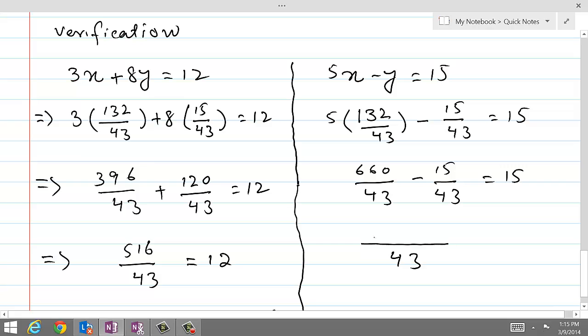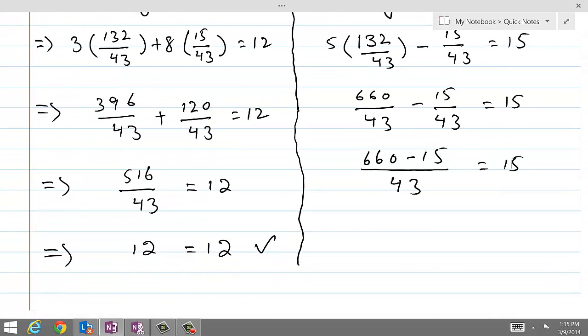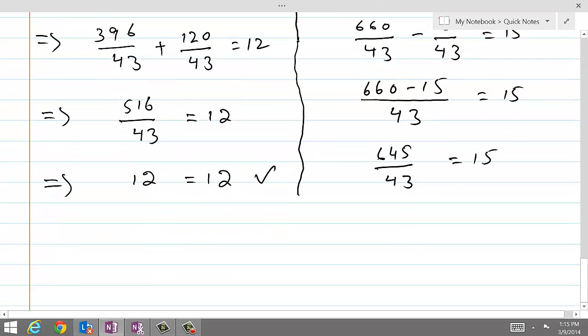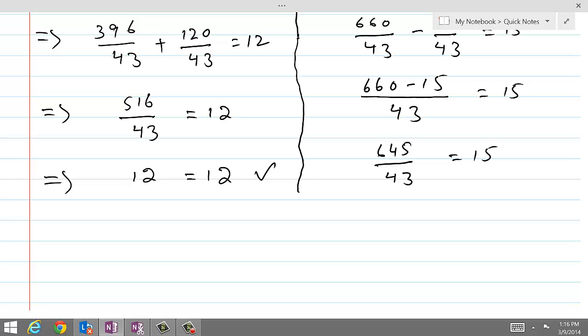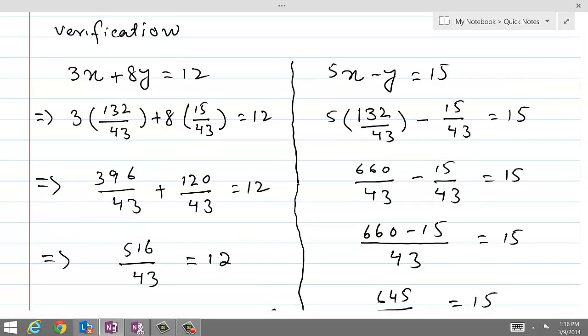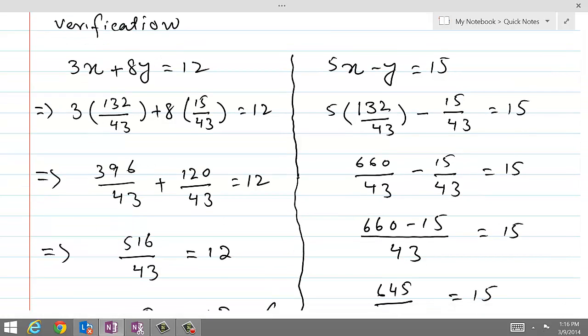So 660 minus 15 divided by 43, and this is equal to 645. 645 over 43 is 15, equal to 15. Again, the same point lies on the second line, 5x minus y is equal to 15.